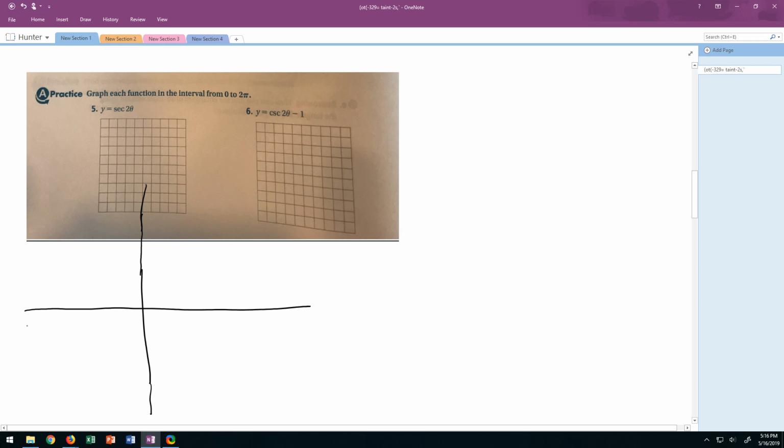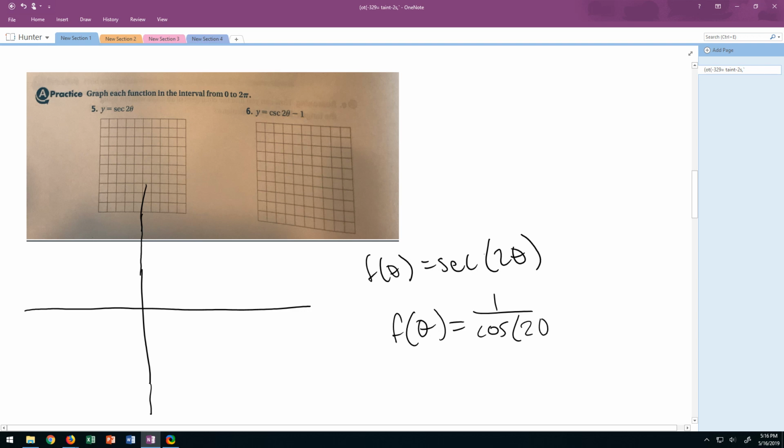Here I'm going to graph f of x, or f of theta, is equal to secant of 2 theta. Isn't this 1 over the cosine? Yeah, a 1 over the cosine. So f of theta is equal to 1 over the cosine of 2 theta, right?